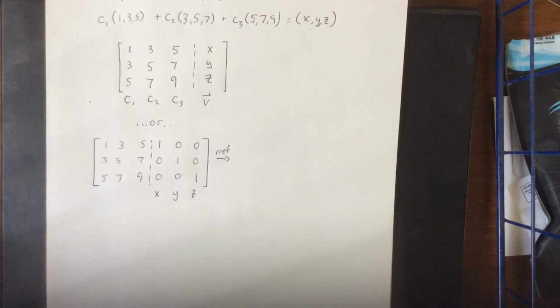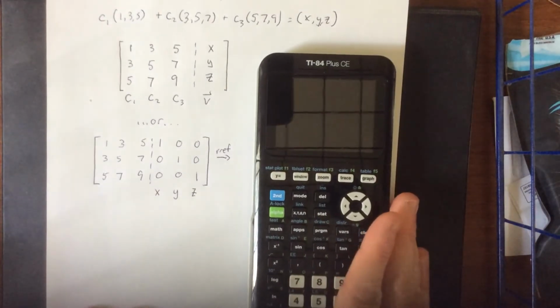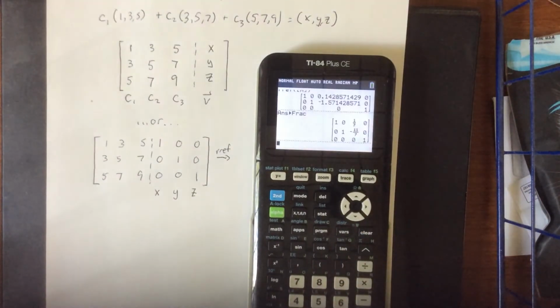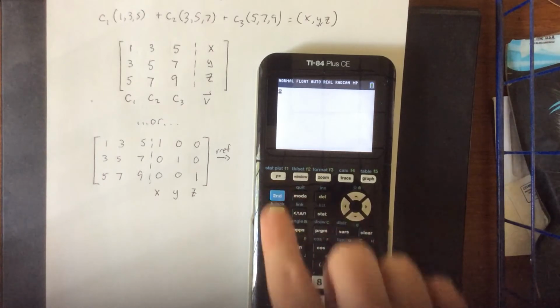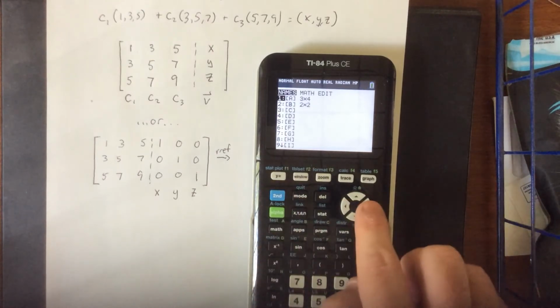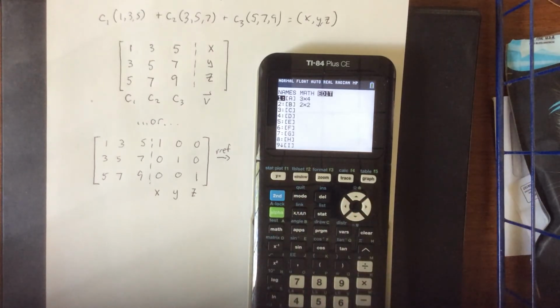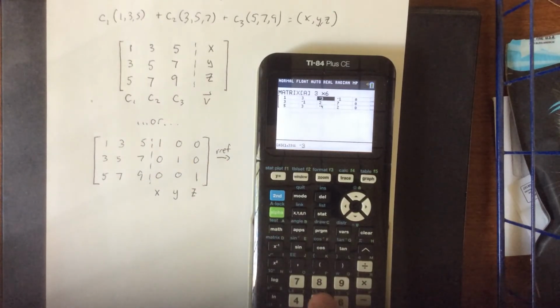Thankfully, in my house, I'm never that far away from a graphing calculator. So let's go ahead and enter the matrix menu. Second followed by the inverse key. Arrow over to edit. We'll just go ahead and edit the matrix A. We're interested in a 3 by 6. Going across each row, this will be 1, 3, 5, 1, 0, 0 for the first row.